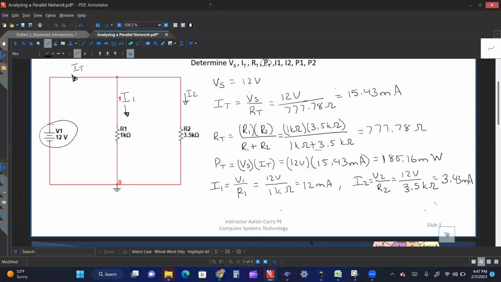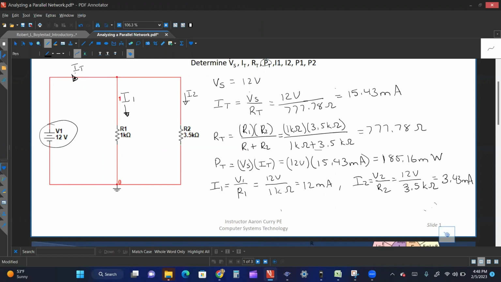All right, so one unique thing about this type of circuit that I want to point out is that I total is called I total because it's the total current that's being supplied to the circuit. It's the highest current value that you're going to have in the circuit.